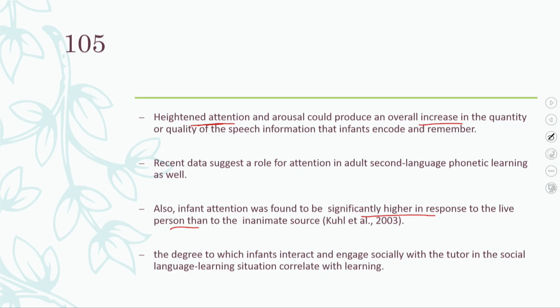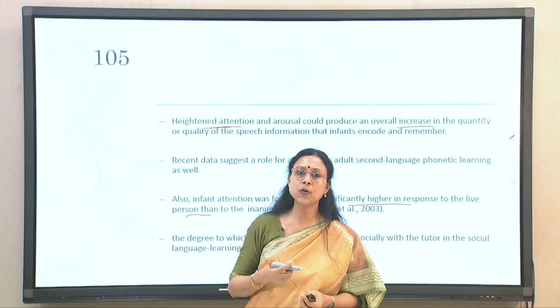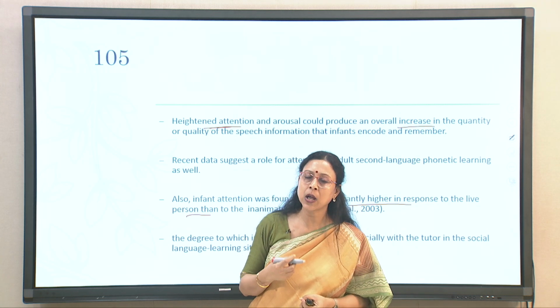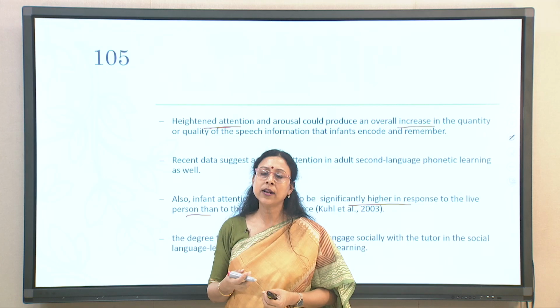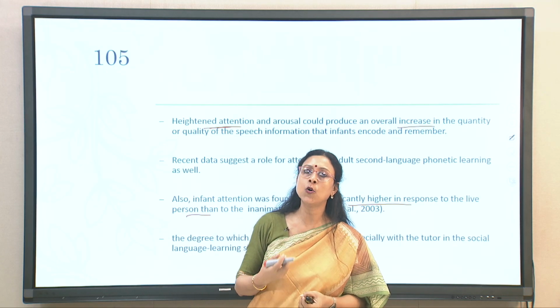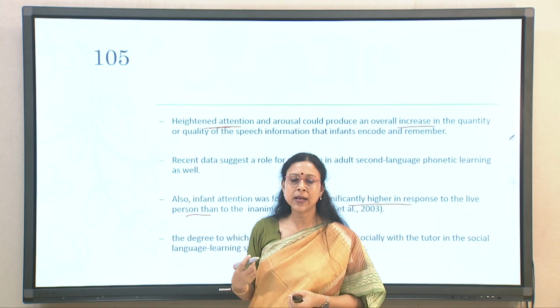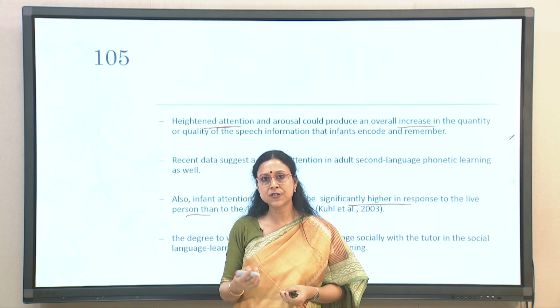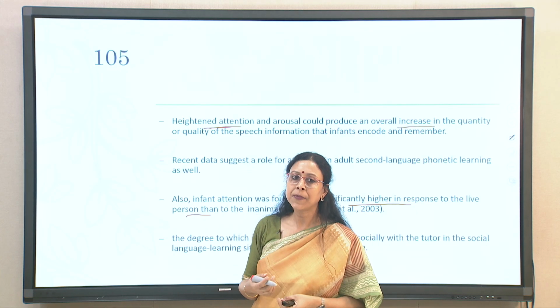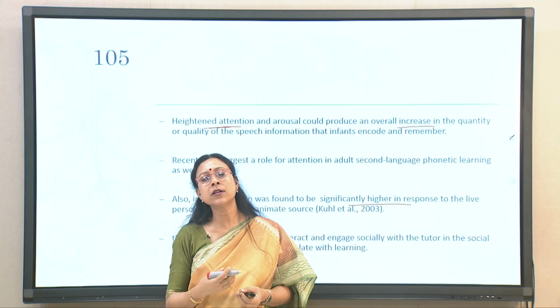And who are those people they trust more? One is the people who belong to their own in-group. In-group could be based on racial identity, or it could be somebody they know, a familiar person. Extending this, if they know the person, they will focus their attention more on that person.